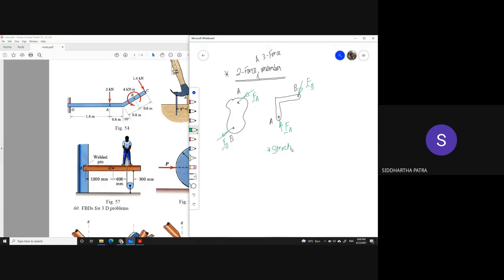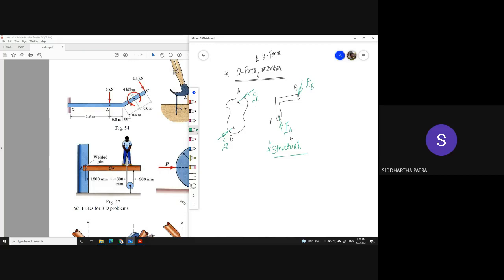There we have multiple rigid bodies forming a structure, so in order to study the equilibrium, we'll have to study the equilibrium of all the rigid bodies. If there are 3 or 4 of them, then in 2D you have 9 to 12 equations to solve for.